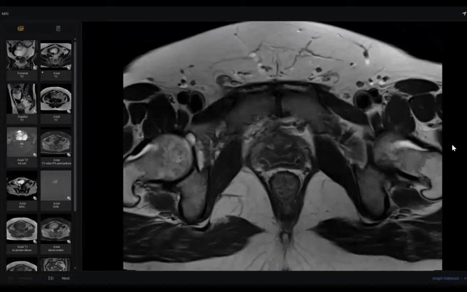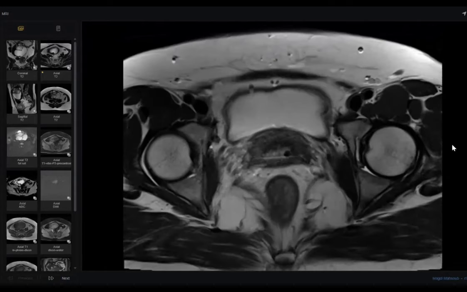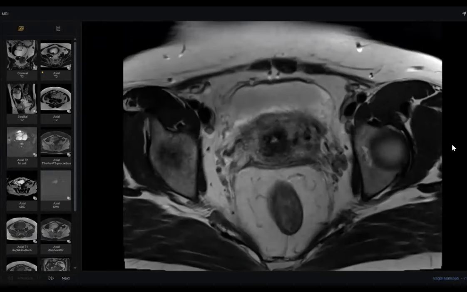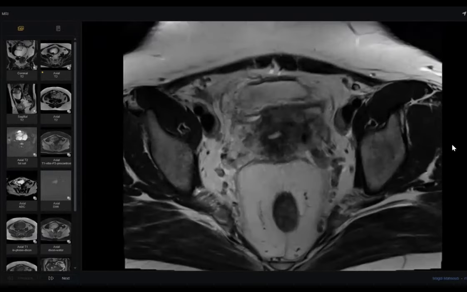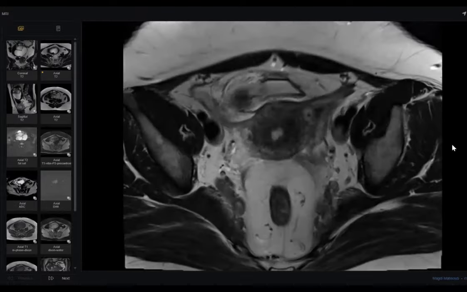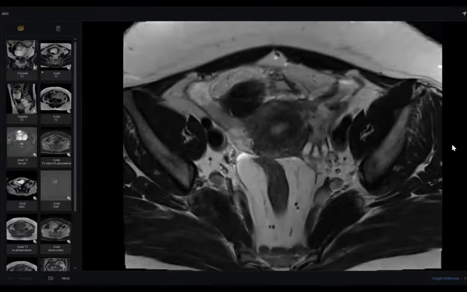So I can see uterus is in midline. I could not appreciate any endometrial abnormal signals. The junctional zone appears to be intact and smooth.